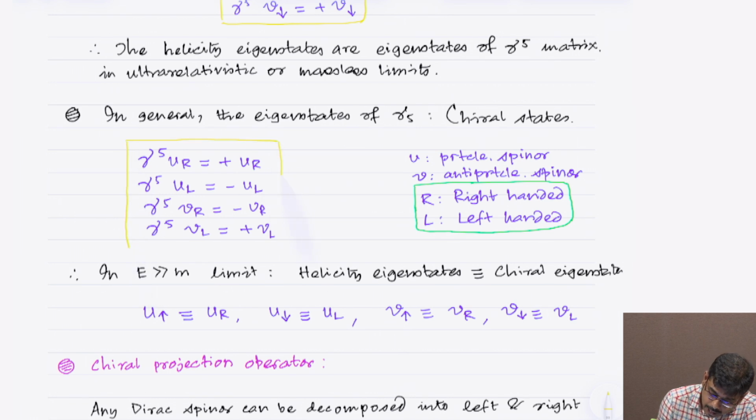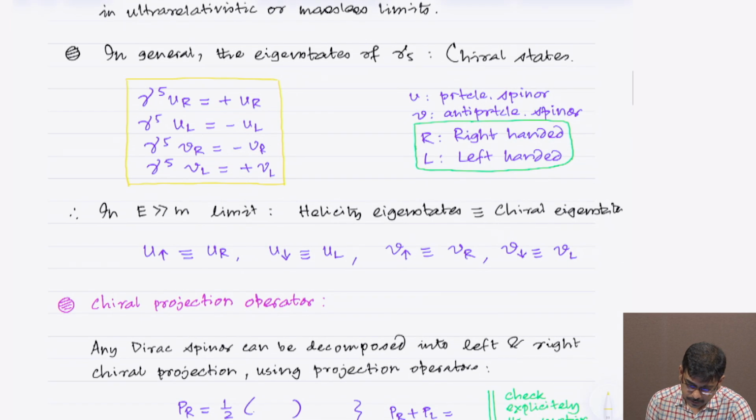Now, why do we do that? Because this is closely resembling that of the helicity eigenstates, and precisely to say these are the helicity eigenstates in the massless or in the ultra relativistic limit. So, this is precisely what we have said, that U up is UR when E is much greater than M, U down is therefore UL in the ultra relativistic limit.